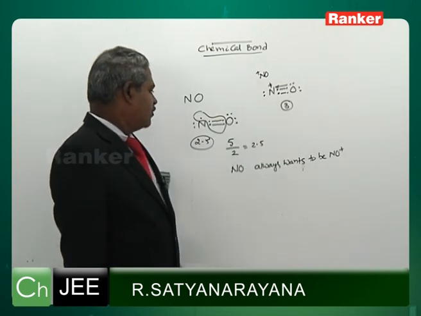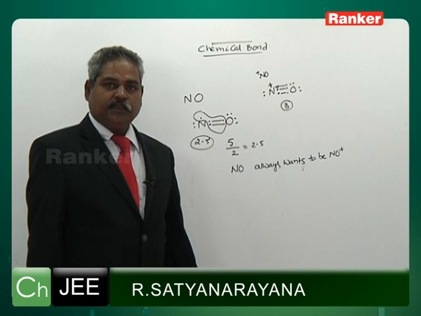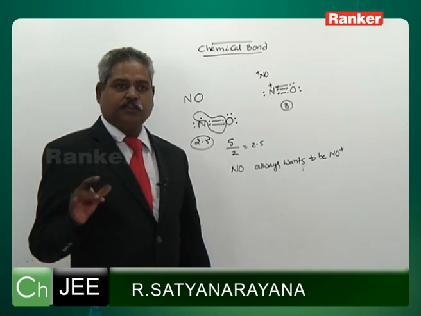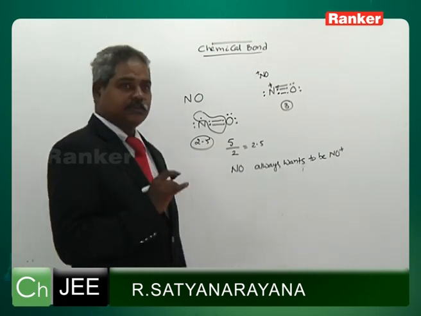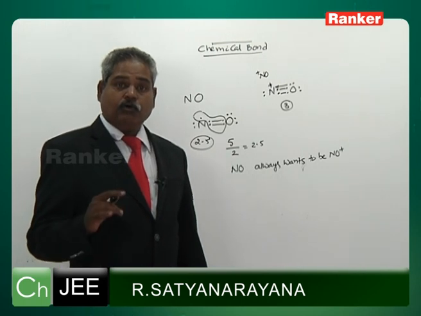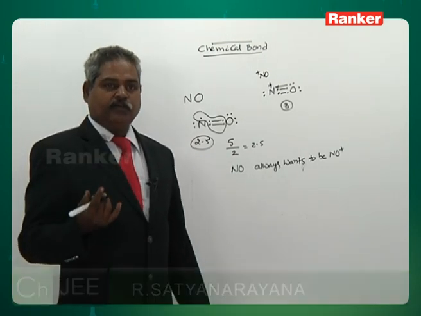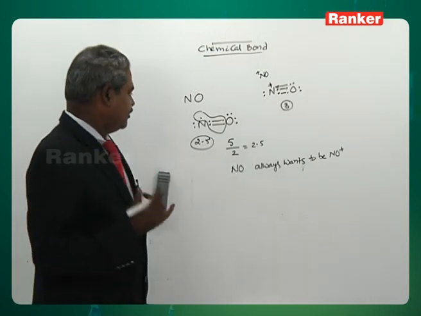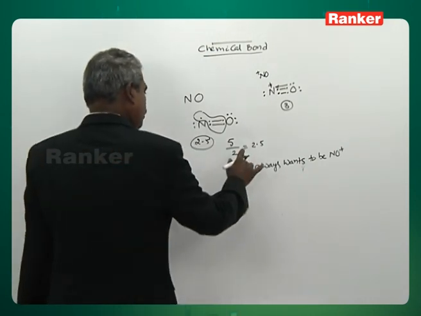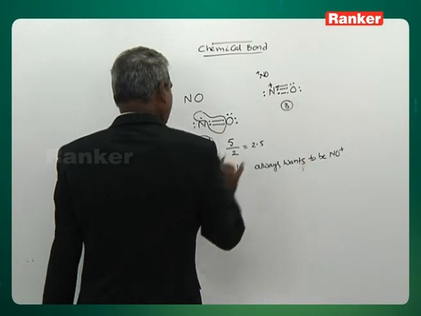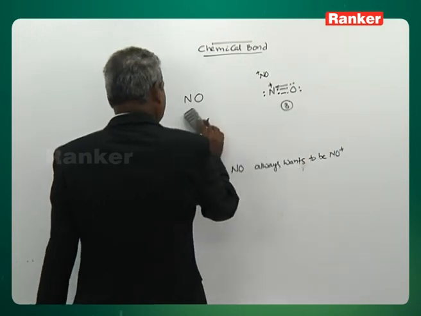That is why in complexes and other substances, NO is present as NO plus. And NO is a reducing agent. It is ready to lose electrons, and we know one who loses electrons is called a reducing agent. So NO always wants to be NO plus because the bond order increases.